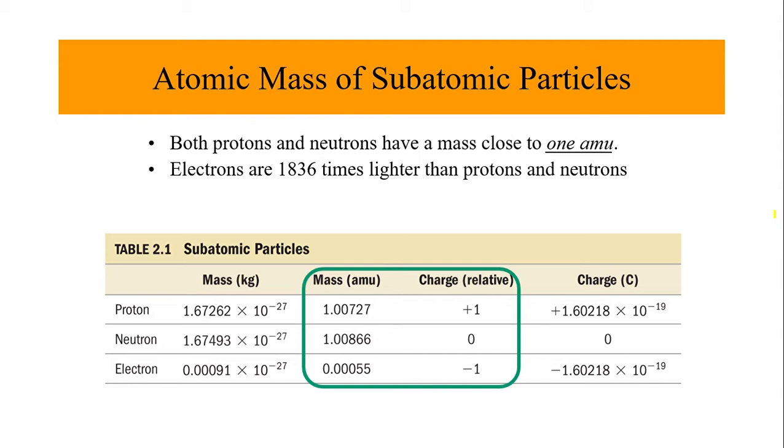So you'll notice that these values might be a little easier to handle. And notice that electrons are still about 1800 times lighter than both protons and neutrons. So just like we use relative charges of +1, 0, and -1, we're going to use relative masses in AMUs.